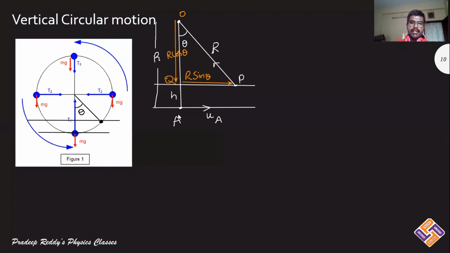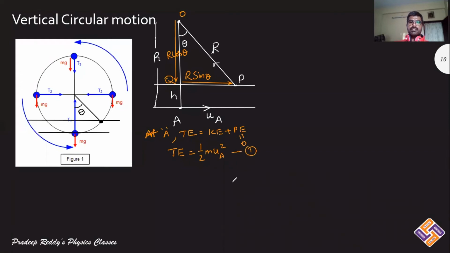Now at this point A, total energy is equal to kinetic energy plus potential energy. Potential energy is equal to 0 at position A because it is exactly at ground level. Therefore, total energy will be equal to only kinetic energy, half m u a square.